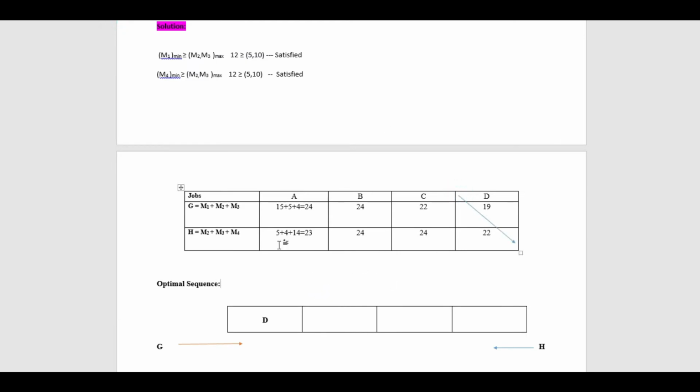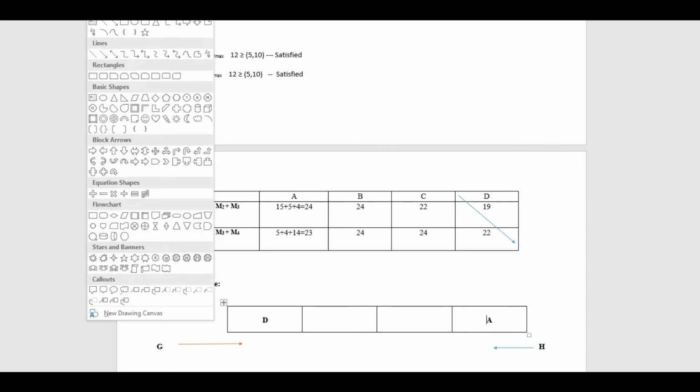So now we will shift into H machine. Here the minimum processing time will be 23, for machine H and job A. So fill the A at last, and strike out this column.